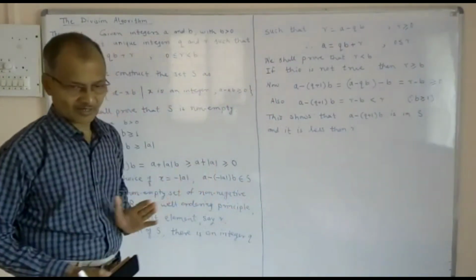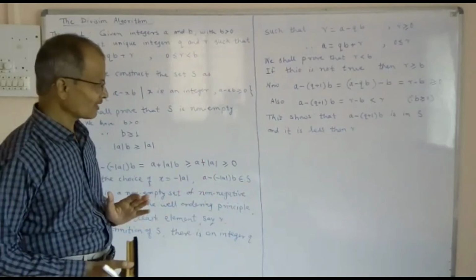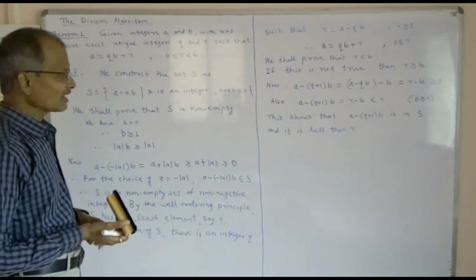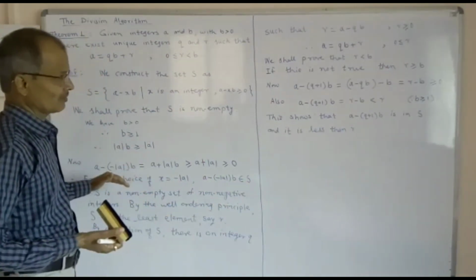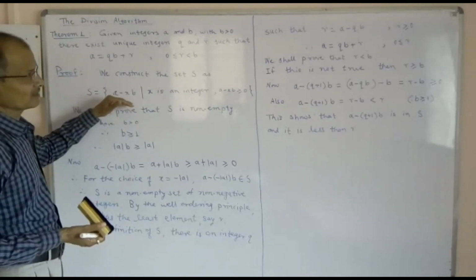So why is it a contradiction? Because R is the least number in S. R is the least member of S.